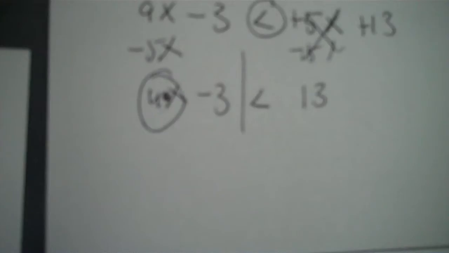Then I make that kind of line, and I highlight where I have multiplication, and then I circle that. So now I have to get rid of the minus 3 with a plus 3. So we'll plus 3. Again, when you minus or plus, whatever one you're doing, you leave the sign. So a plus 3 and a plus 3. So we have 4 times x, and then 13 plus 3 is 16.